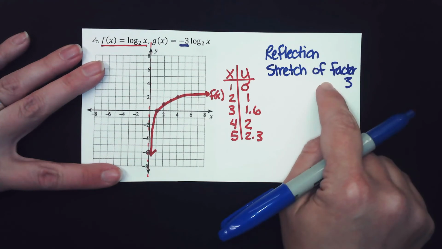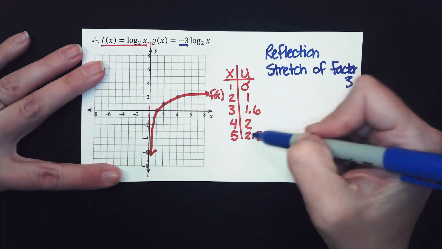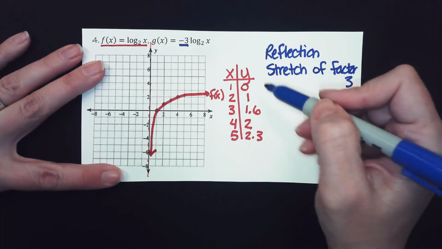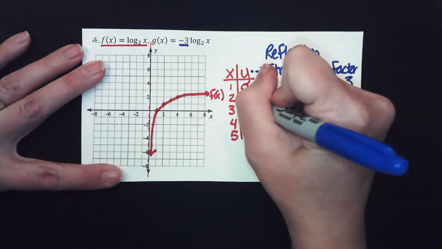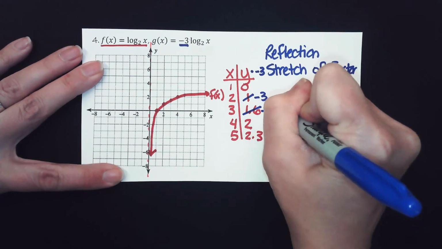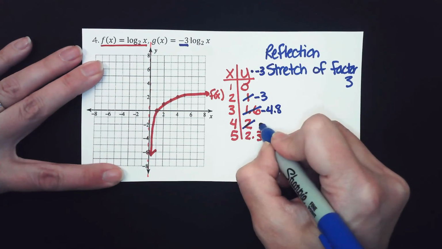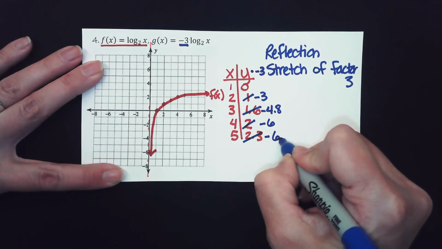Those were our changes. And remember, whenever we have something out front here, if I'm going to use these points, I just need to multiply the y values by that number. So I'm going to end up with negative 3, negative 4.8, negative 6, negative 6.9.